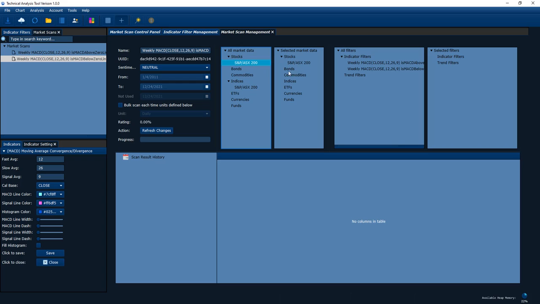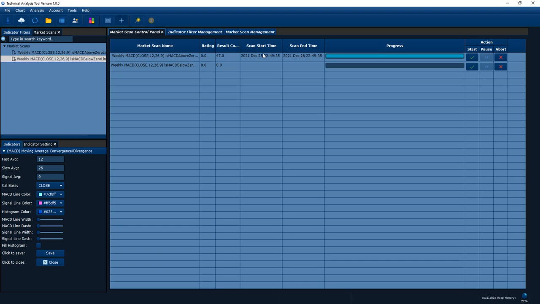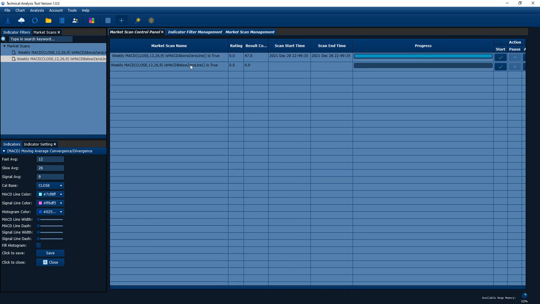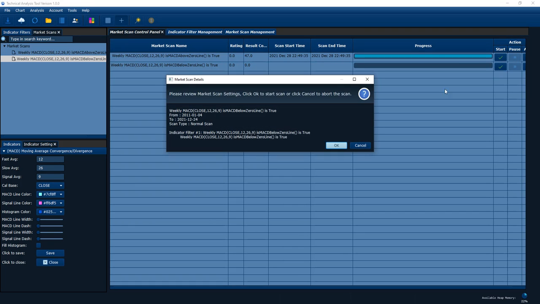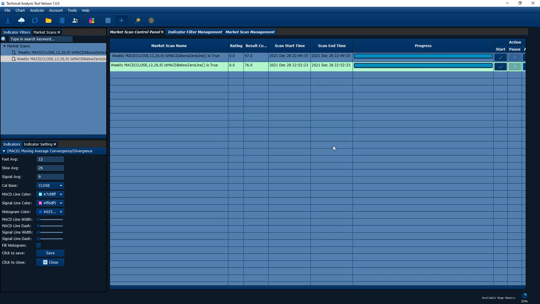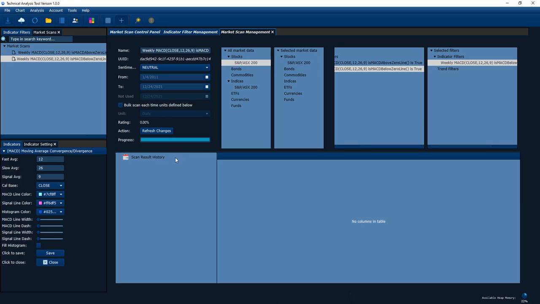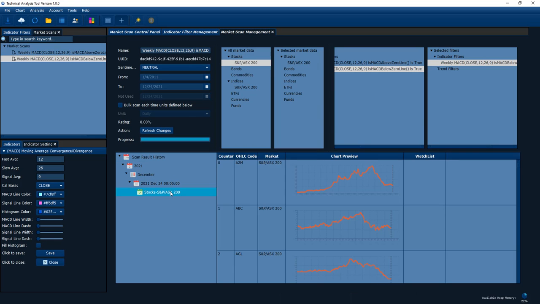Double click that one and make sure it stays in the right hand side tree, and then we select another function here. The MACD line is below zero line, right? Nothing much special, but it just demonstrates how this function is working. So that's pretty much the second one. Okay, so there are 76 results in this market scan.